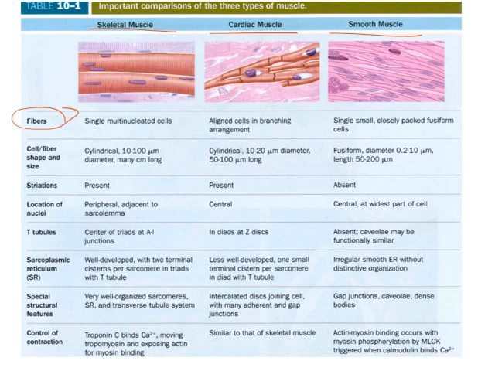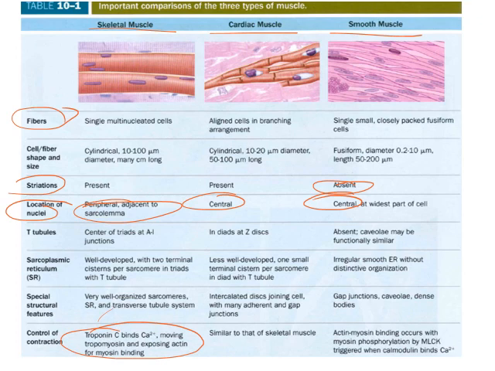So you have your fibers, your striations being absent in smooth muscle. The nuclei are going to be central, peripheral, or central, controlled contraction, troponin C, similar to skeletal muscle, and this is going to be myosin phosphorylation by MLCK.